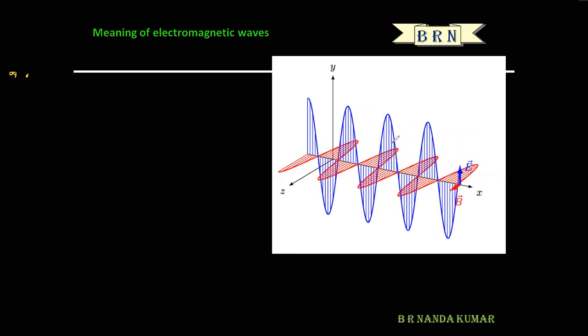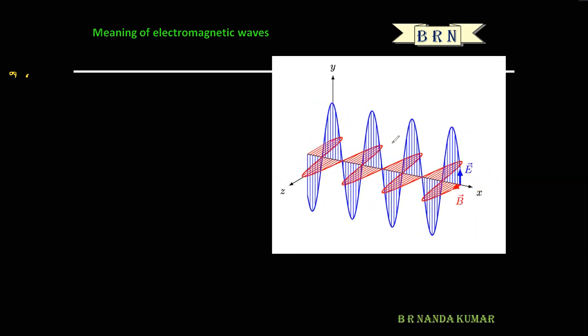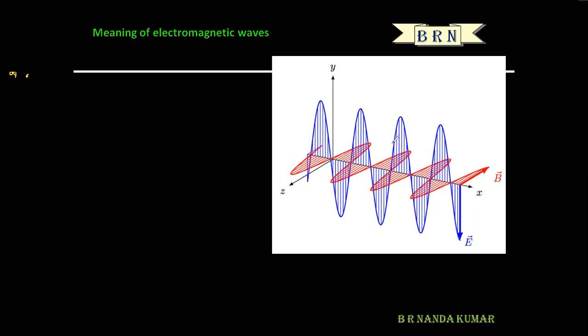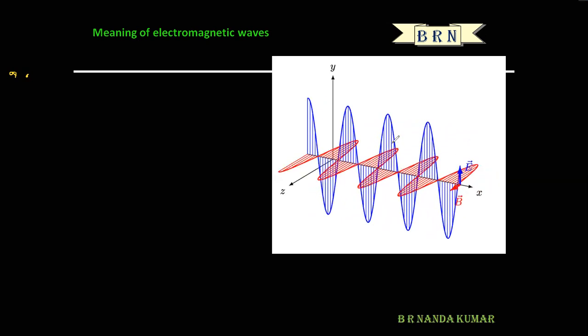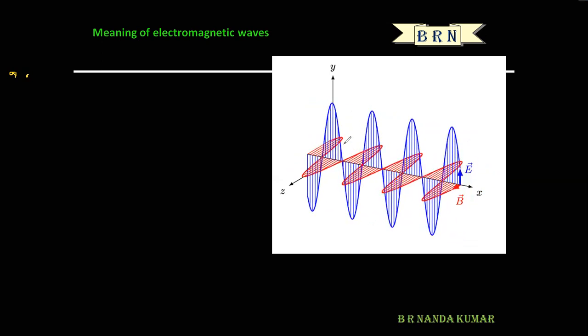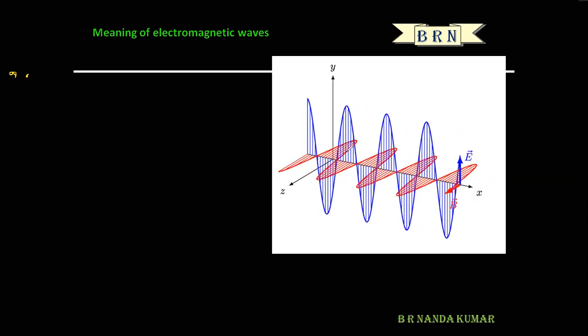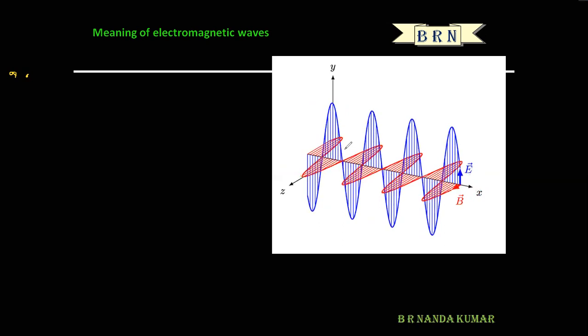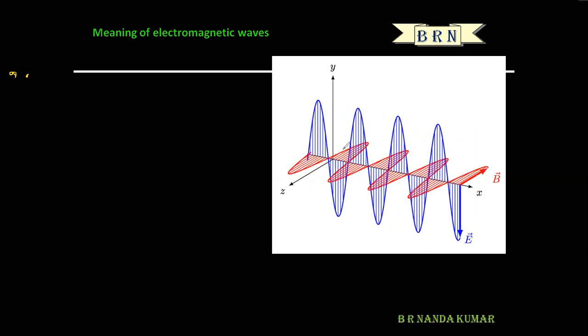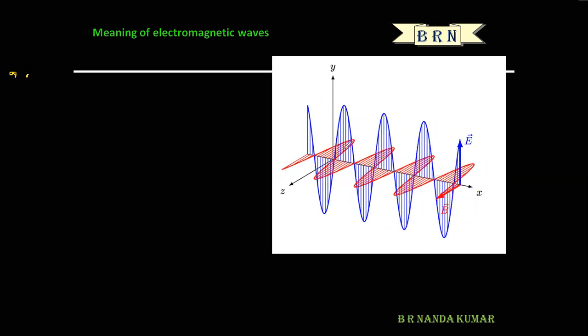The electromagnetic waves are transverse in nature. Do you know the meaning of transverse waves? Transverse waves means the particles within the medium vibrate perpendicular to the direction of wave propagation.